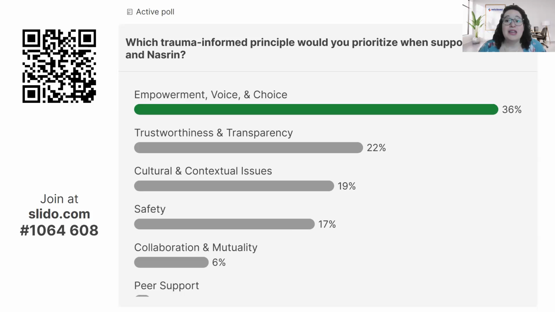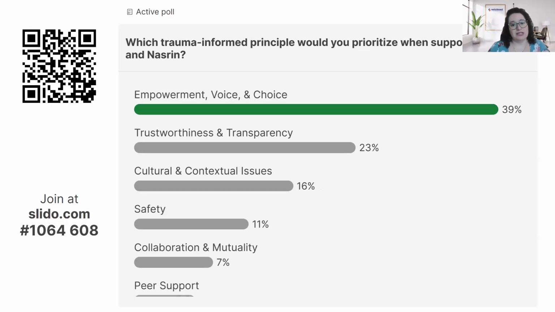These are folks who have been disempowered in a lot of ways or told not to center their own experiences. So, how can we restore that? How can we change that dynamic? Creating trustworthiness and transparency. Of course, you all talked about cultural and contextual issues. I love how this has ended up. And again, there's no wrong answer here, but really thinking about what do I need to prioritize first?